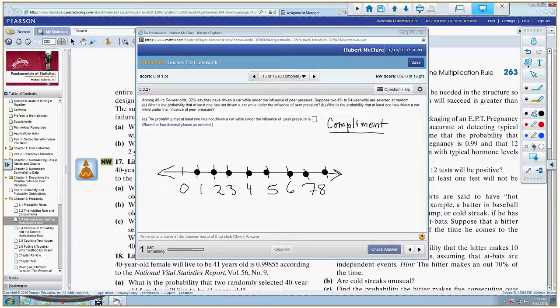All right. So, the complement here of at least 1 is what? 0. Now, can you use that? Yes. You can do the probability of 0 and take that away from what? The whole, which is 1. Because what does probability go to? 0 to 1, Hubert. That's right. Thank you.